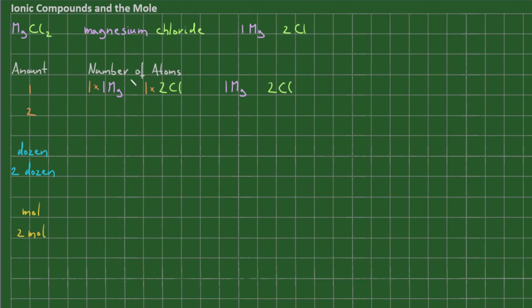When I have 2 units of magnesium chloride, I could say that I have 2 times 1 magnesium and 2 times 2 chlorines. Overall, that will give me 2 magnesium atoms and 4 chlorine atoms. What happens if I have a dozen magnesium chloride units?